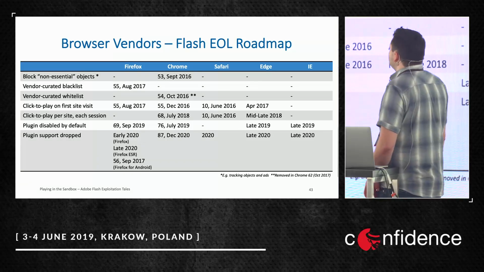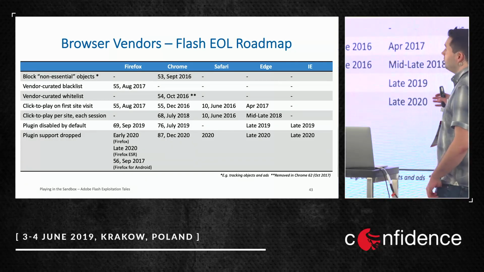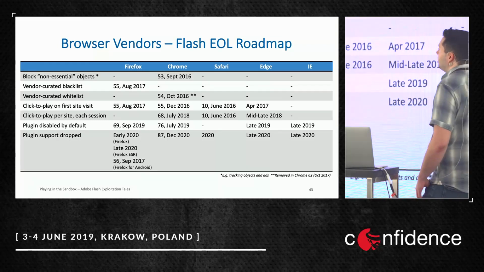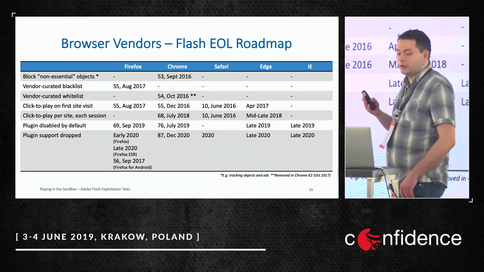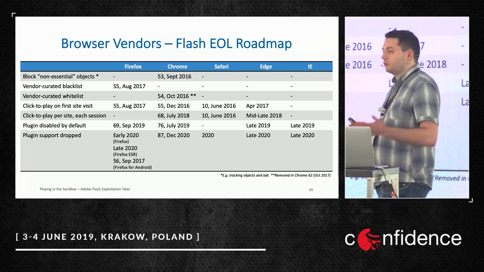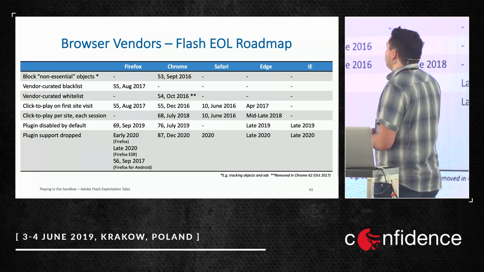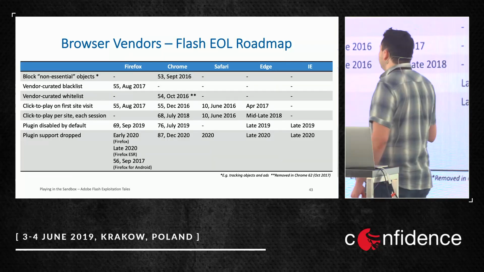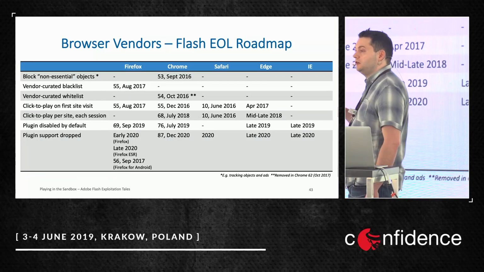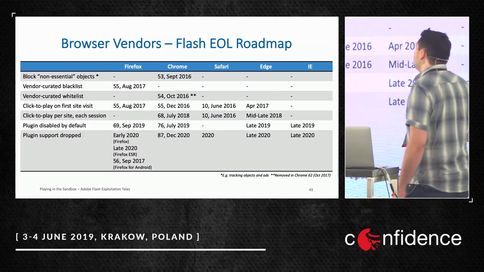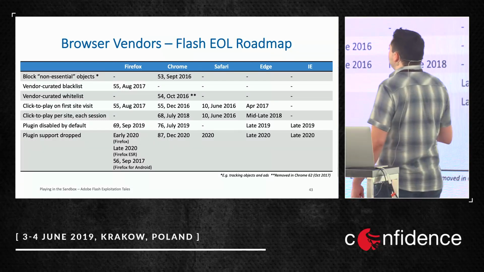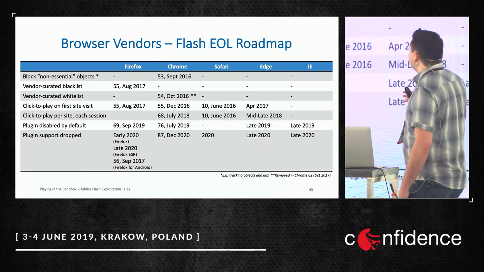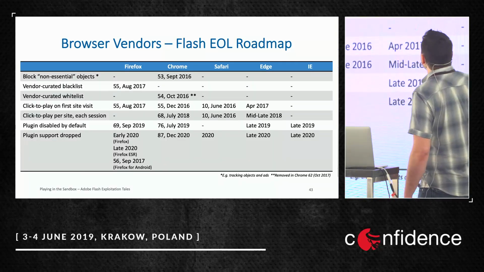From the browser perspective, across the board we see all sorts of measures like vendor-curated blacklists or whitelists, some form of click-to-play, and we also see that the plugin will be disabled by default at the end of this year, and plugin support will be dropped by early 2020 or late 2020 in some of the other cases.